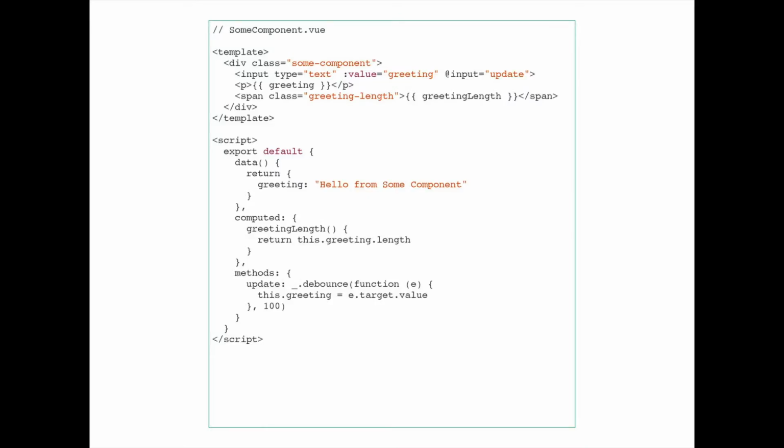It's pretty simple. We also have, I don't know if you can see there, computed properties, which are properties that get computed based on what's in the method there. What that's doing is getting the length of the greeting and printing it in the span there.